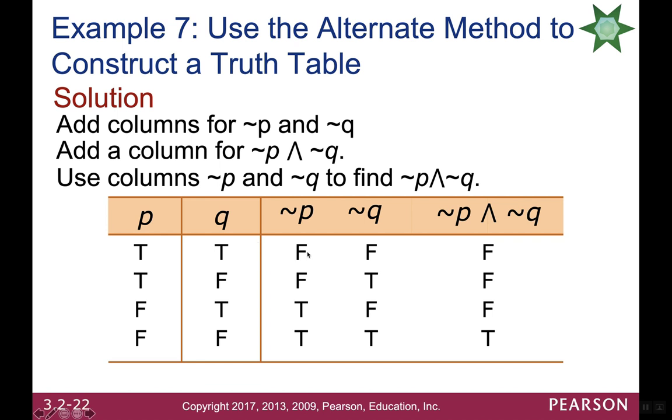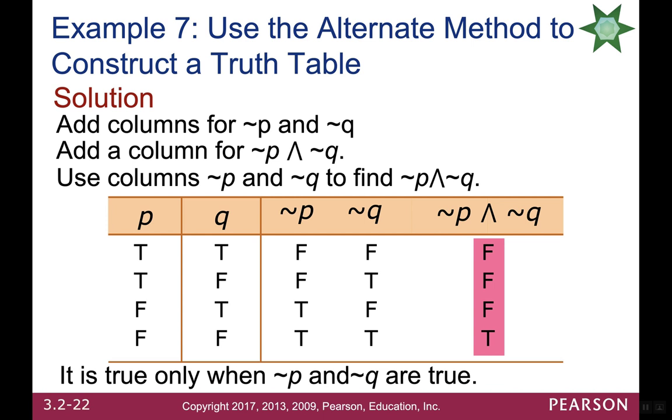So the answer is, just as we did way back when we talked about the simple case, for a conjunction, it's false in all cases except when both are true. So the table can be kicked out very quickly, like this. So now we have the truth table for this, and we're there.